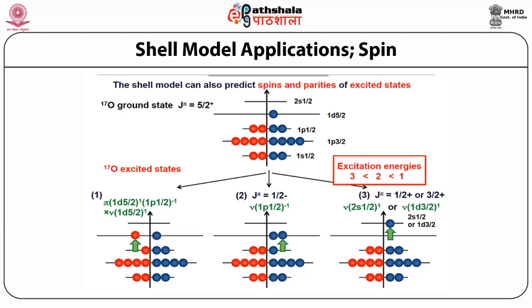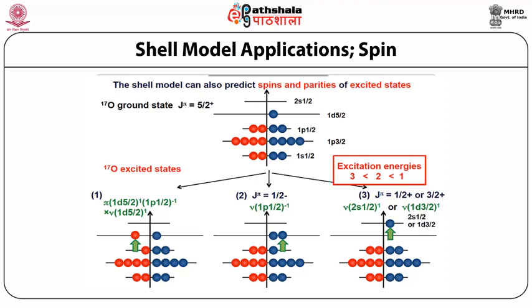The corresponding configuration for this excited state will be ν 1p1/2^-1, and since the odd neutron is occupying the 1p1/2 orbital, the excited state spin and parity as per the shell model will be J^π = 1/2^-.